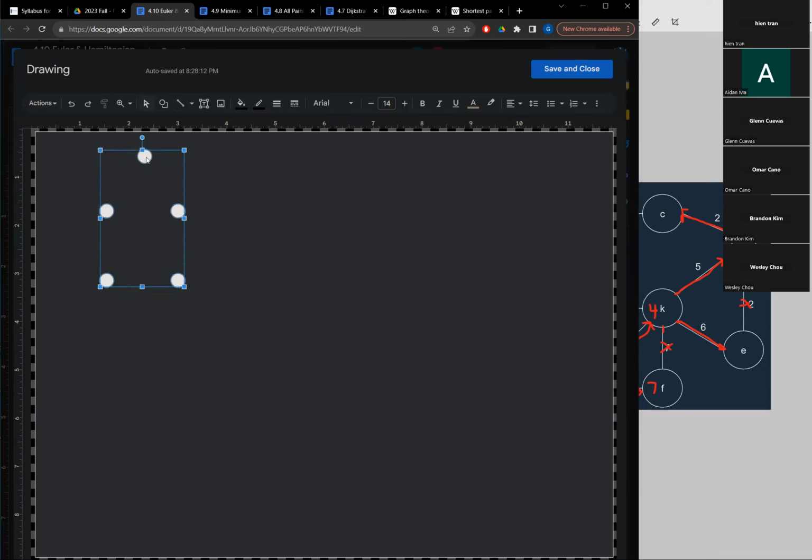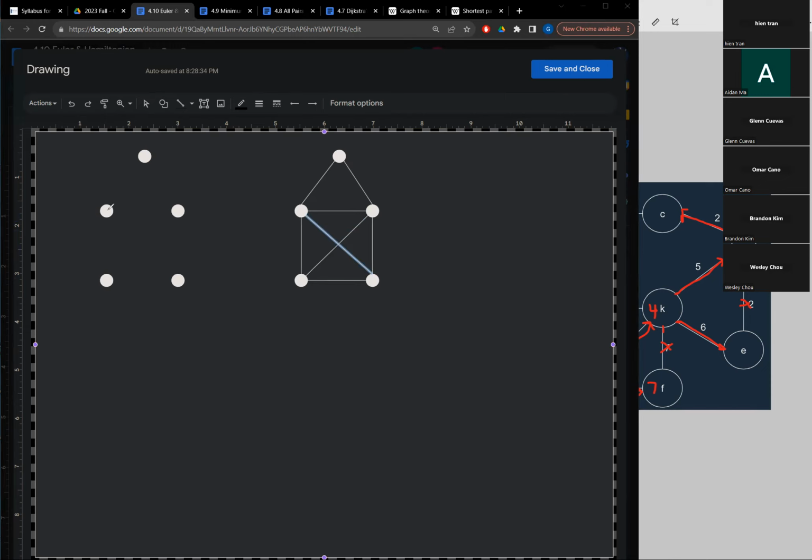And we want to draw this house without lifting up the pencil. All right, so this is the state we're trying to get to, and we want to draw a path to do that.